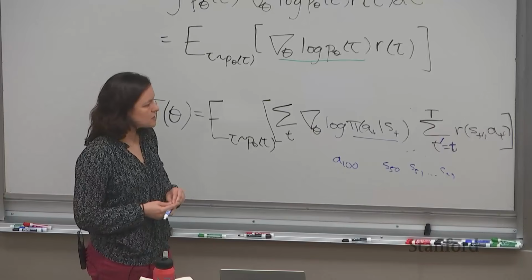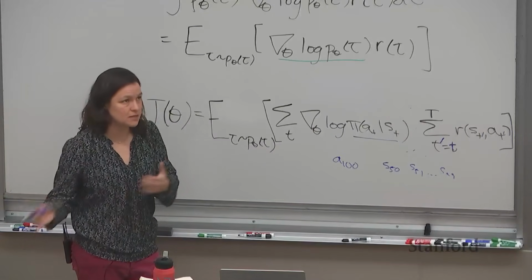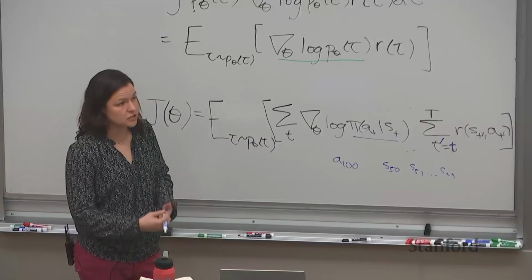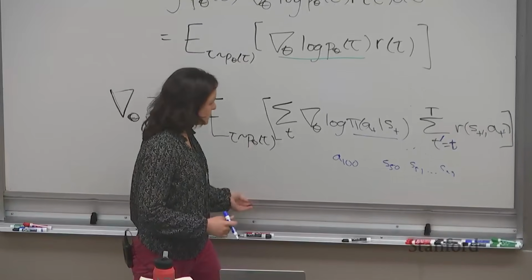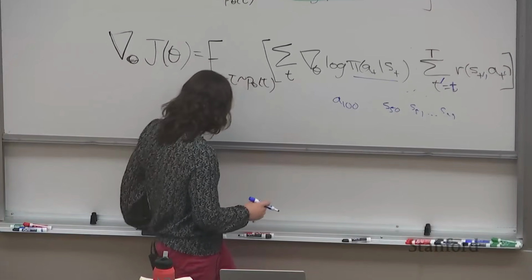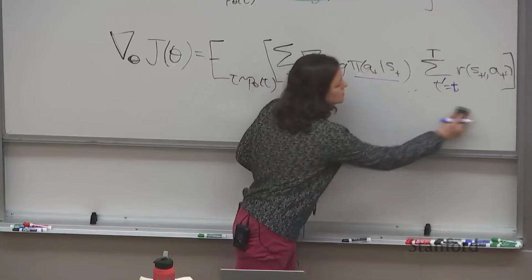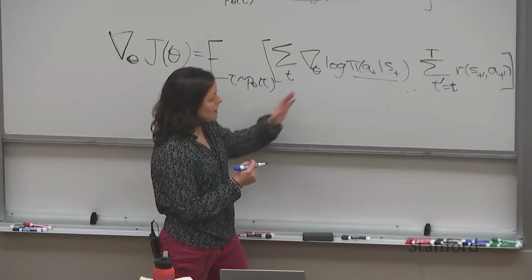So the question was, say you had a lot of really bad stuff at the beginning and then took a good action later on in the trajectory, would you have enough time to accumulate that? In your particular example, capital T was equal to 10, and you did something really good at time step 6.